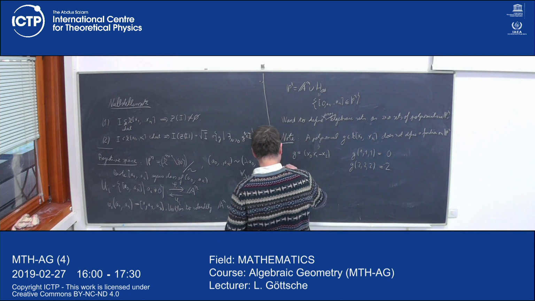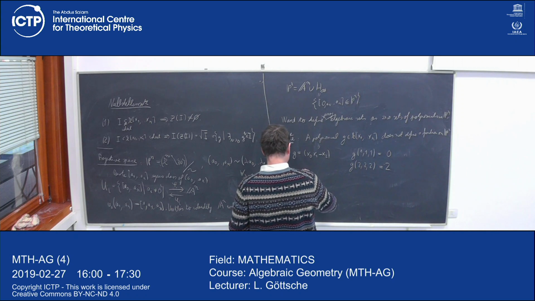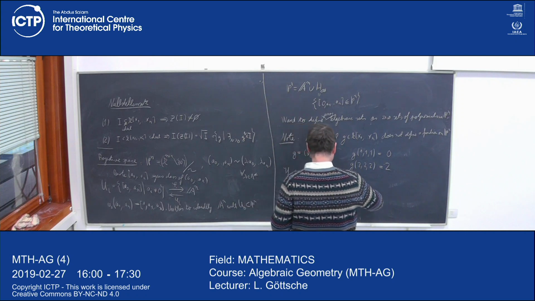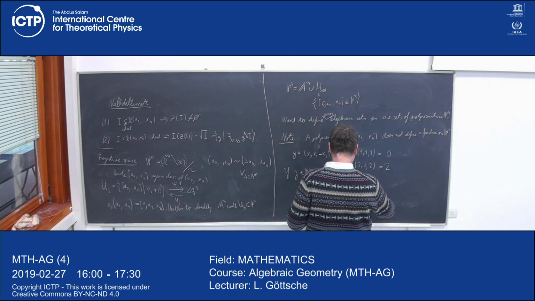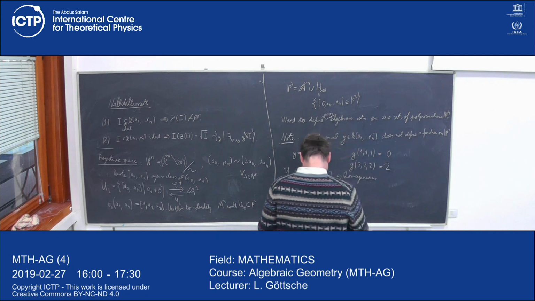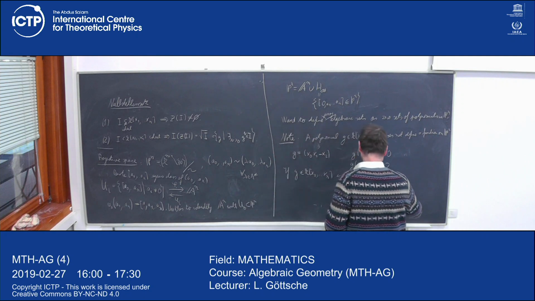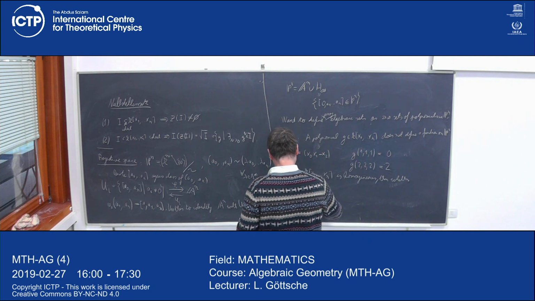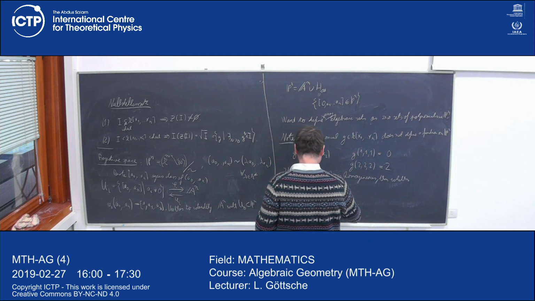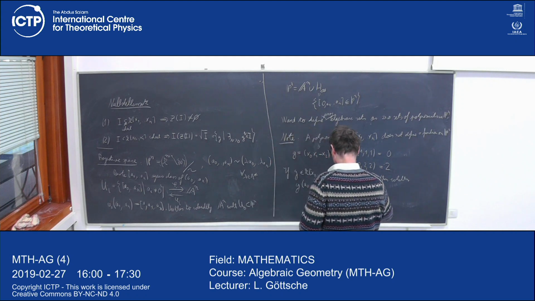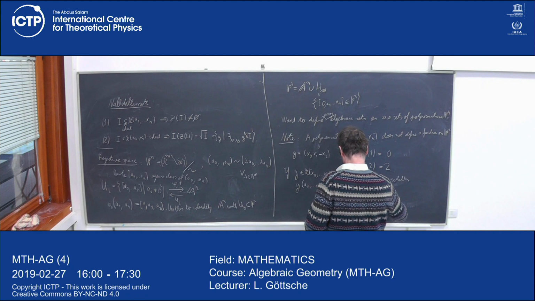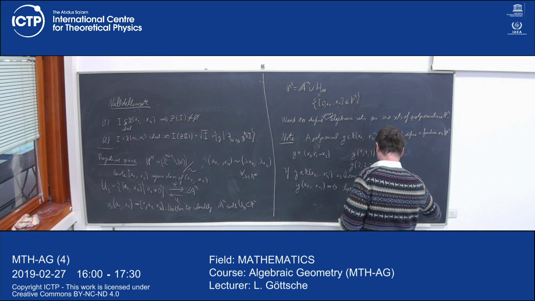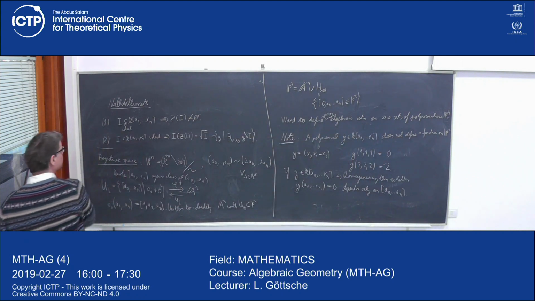So, if G in K[x0, ..., xn] is homogeneous, then whether G(a0, ..., an) is equal to 0 depends only on the point in projective space. Why is that? So we can just look at it.